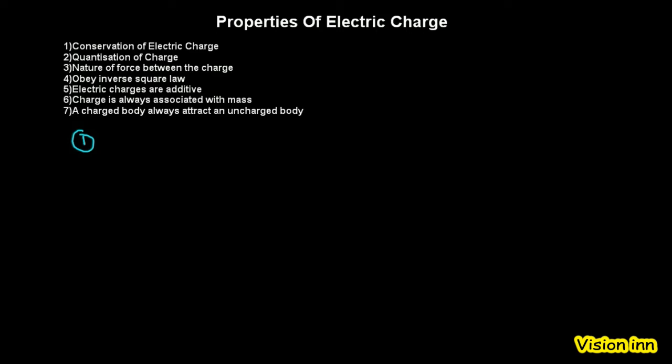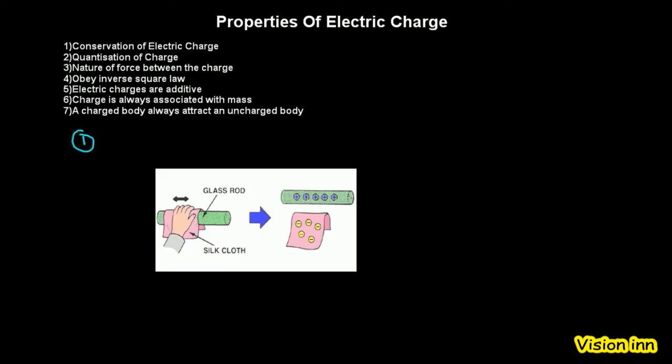Now we'll learn this with an example. Let us consider a system. This is my system: I have one glass rod and I have one silk cloth.